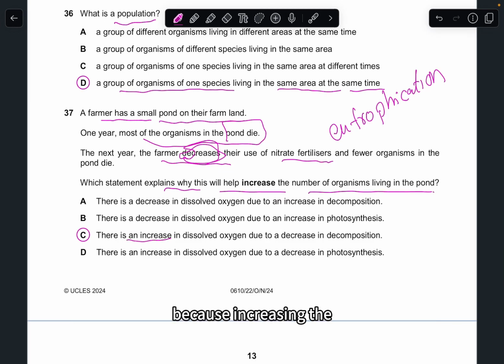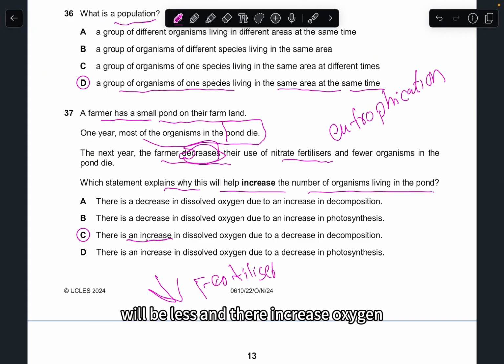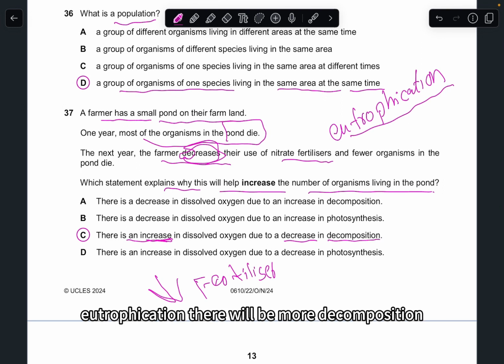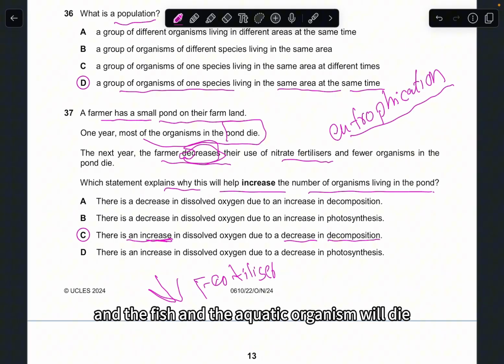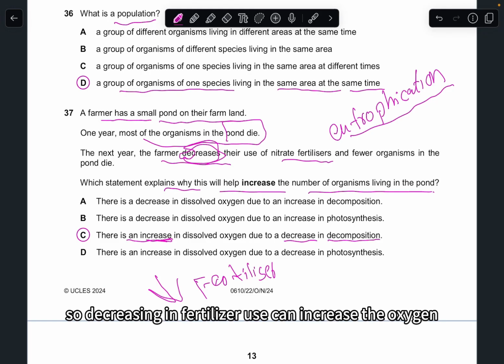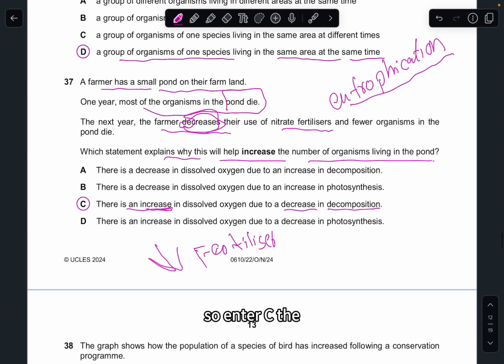Because if he uses less fertilizer, eutrophication will be less, and there will be more oxygen in the water due to a decrease in decomposition. As you have more eutrophication, there will be more decomposition, and the fish and aquatic organisms will die. So decreasing fertilizer use can increase the oxygen. So the answer is C.